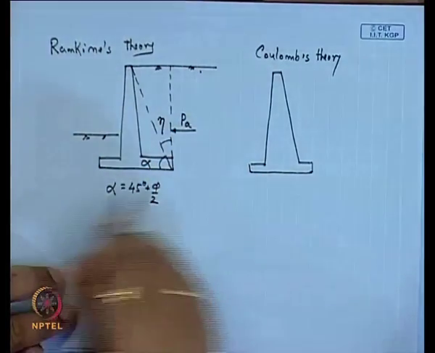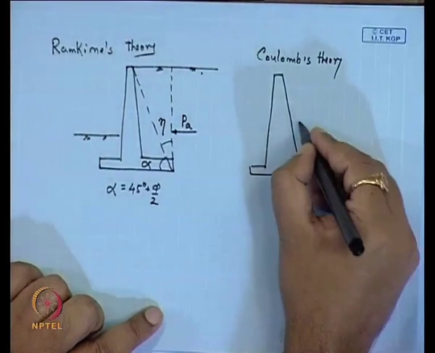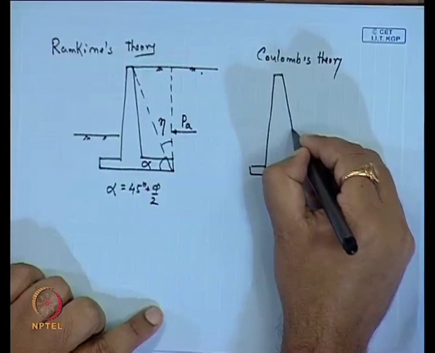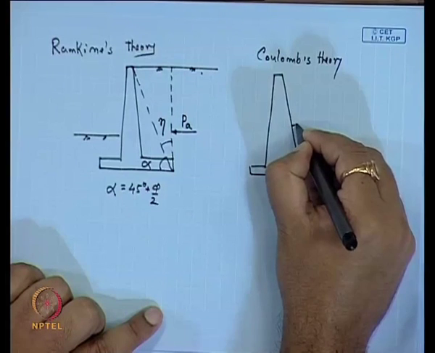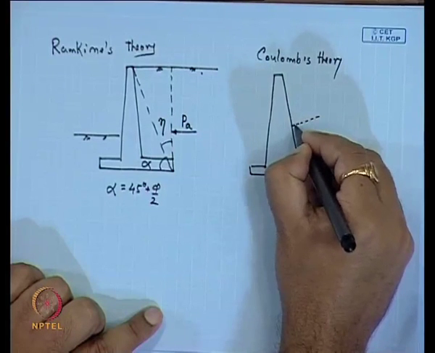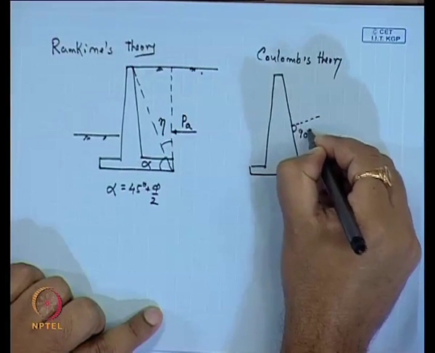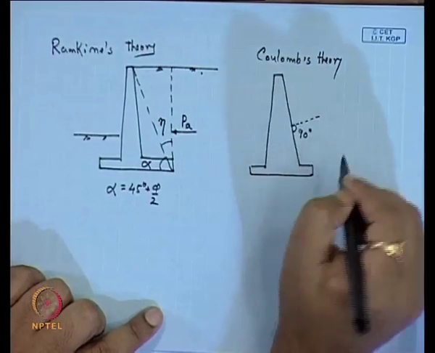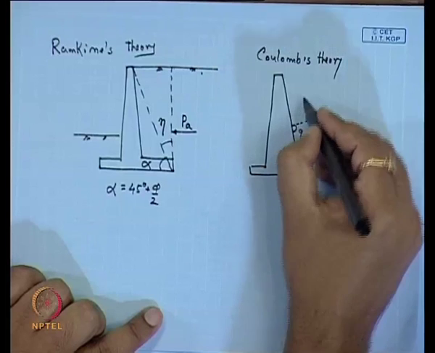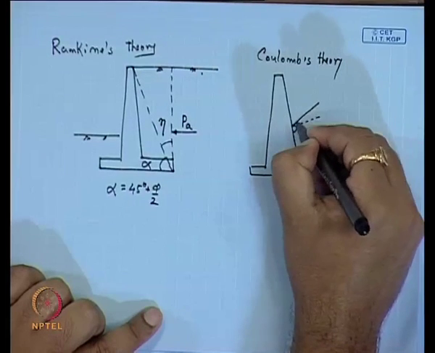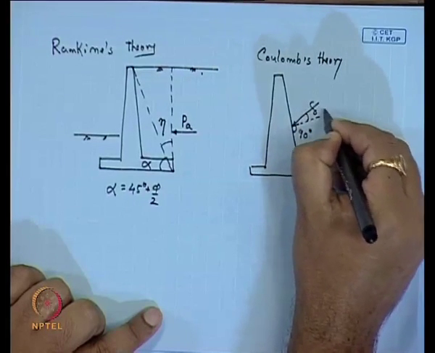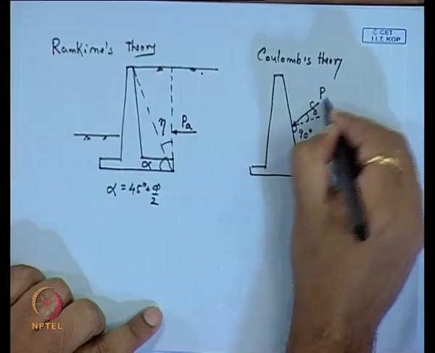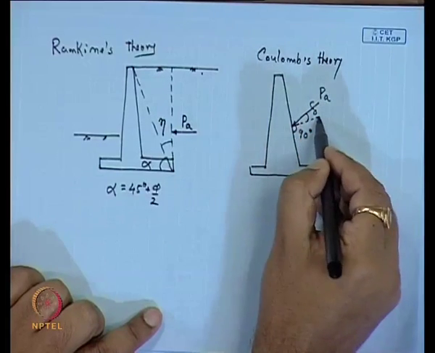Now, this is our base. For the Coulomb's theory, if I draw a vertical line or perpendicular line, this is the 90 degree perpendicular line to the face of this side of the retaining wall, then P A will act with an angle delta to this perpendicular line.